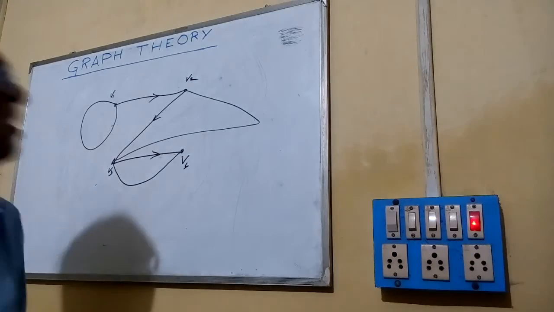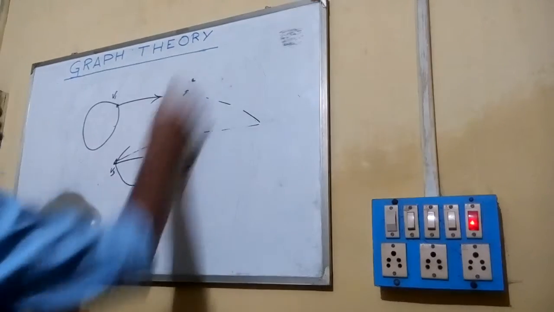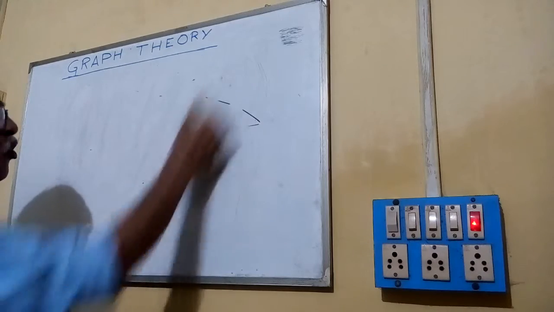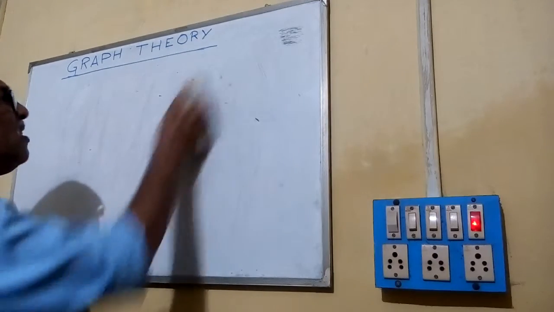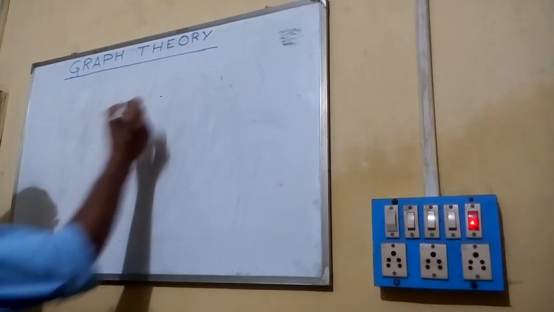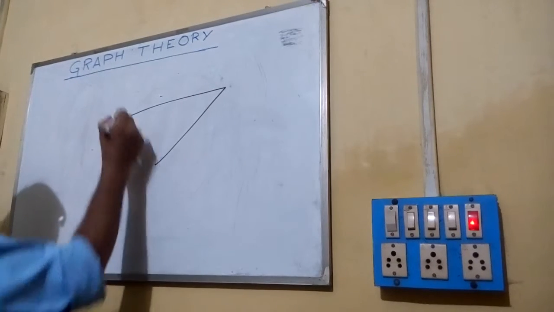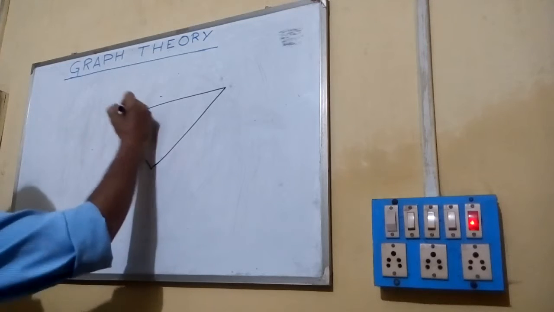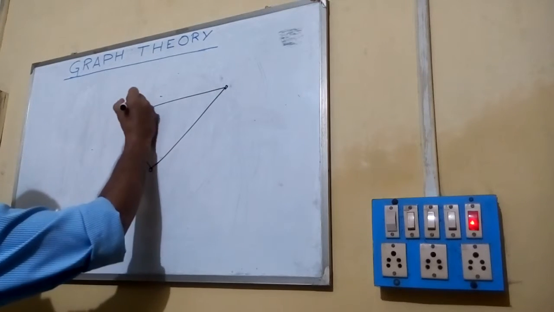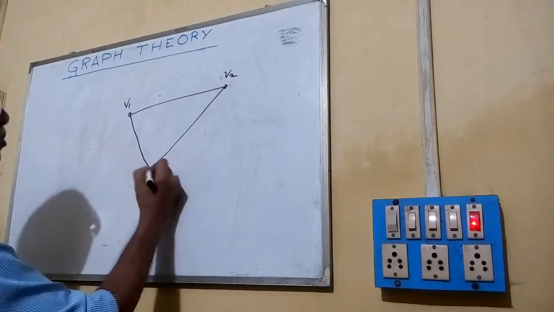Now in this simple graph we will learn some more terms. What are adjacent vertices? Suppose this is a graph. Suppose this is a vertex, this is another vertex, this is another vertex: V1, V2, V3.